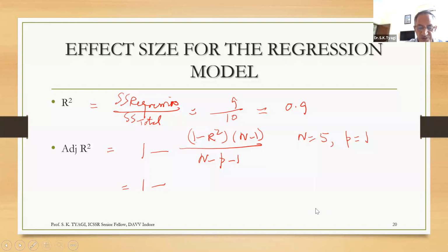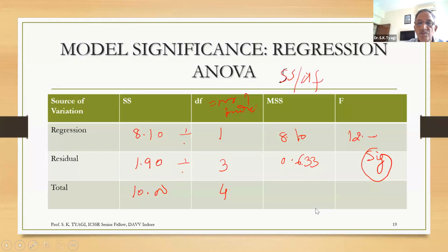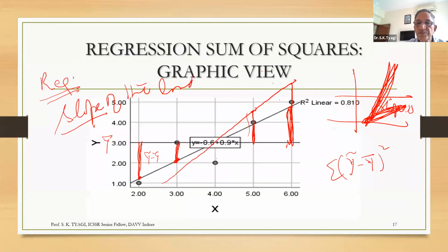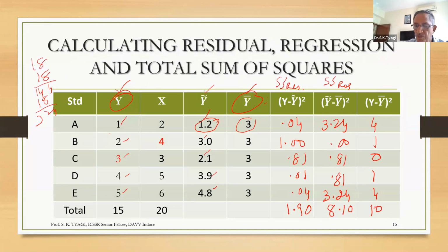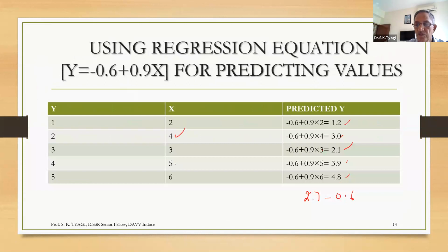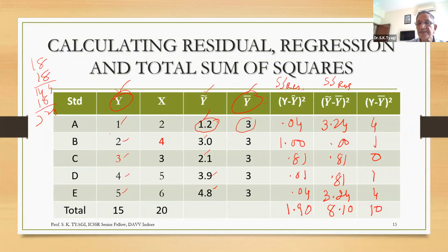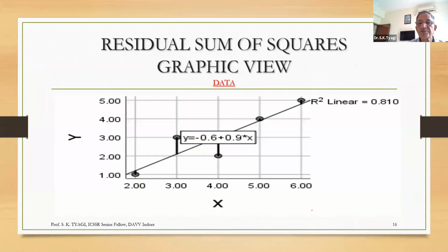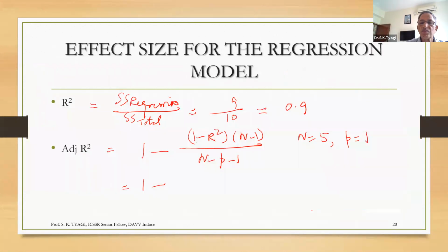SS regression was not 9. This is SS regression: 8.1. So I took this 8.1 divided by 10, which is 0.81.